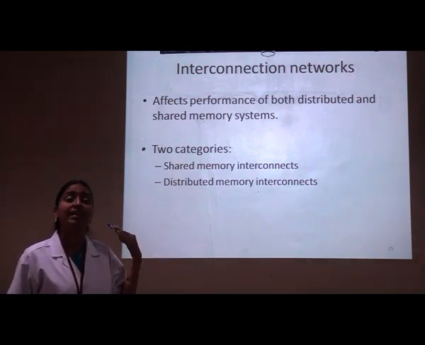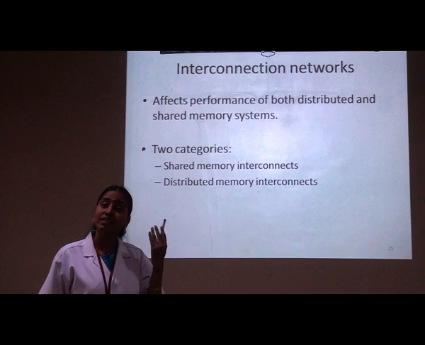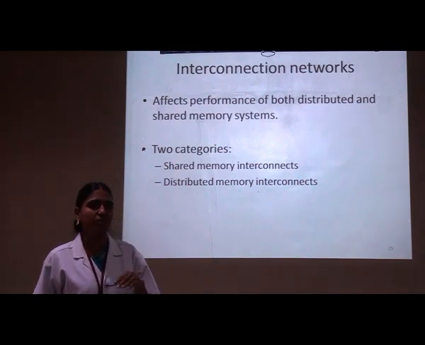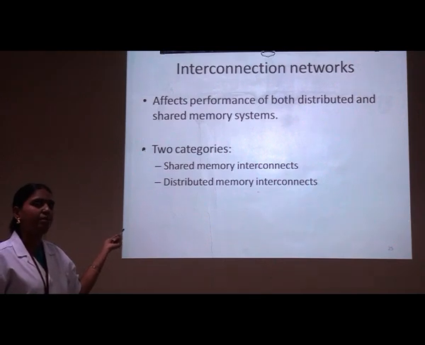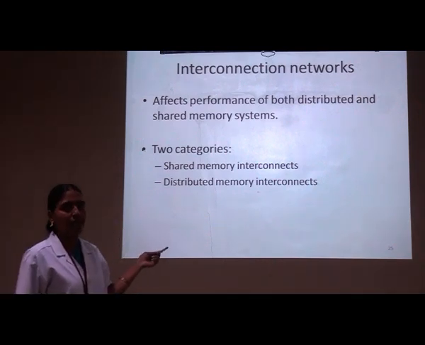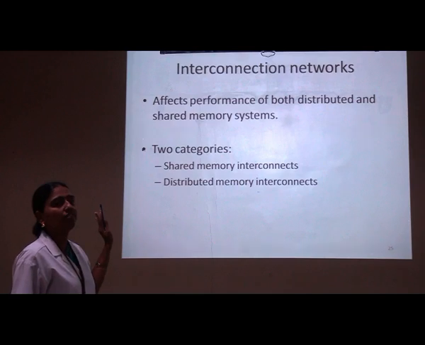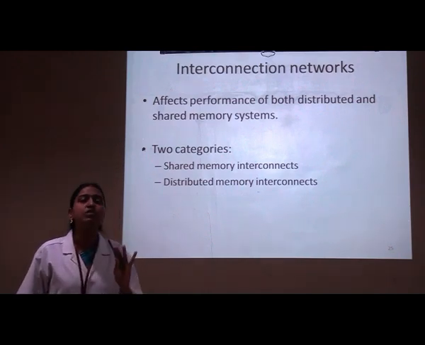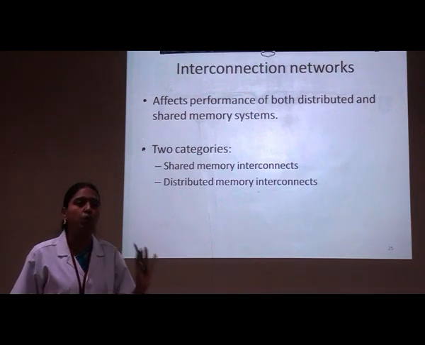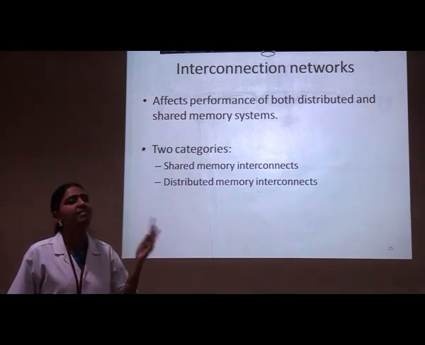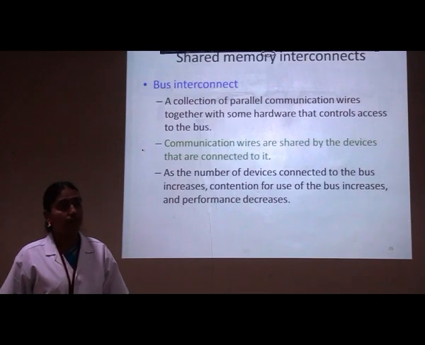Interconnect networks play a vital role in both shared memory systems as well as distributed memory systems. Here we have shared memory interconnect separately and distributed memory interconnect separately. Interconnects are nothing but interconnection networks used for communication between the CPU cores in both shared memory as well as distributed memory.